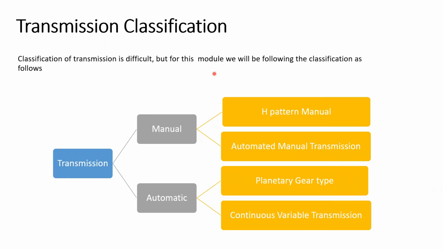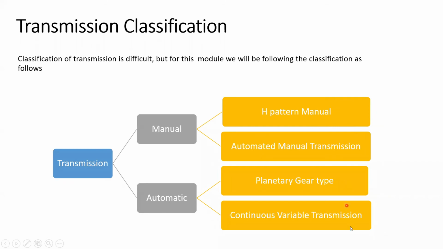Transmission, basically we have manual and automatic, right? In the manual transmission, we have the H pattern manual, and other types of manuals, but then we have the automated manual transmission. Even though it's a manual transmission, operation-wise it's like an automatic transmission. Next, we have the planetary gear type automatic transmissions, and the continuously variable transmission, also known as CVT, right?